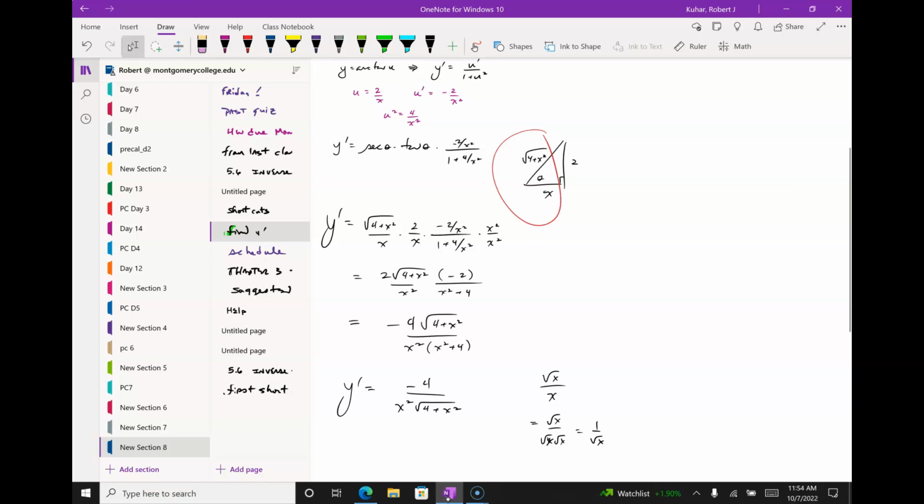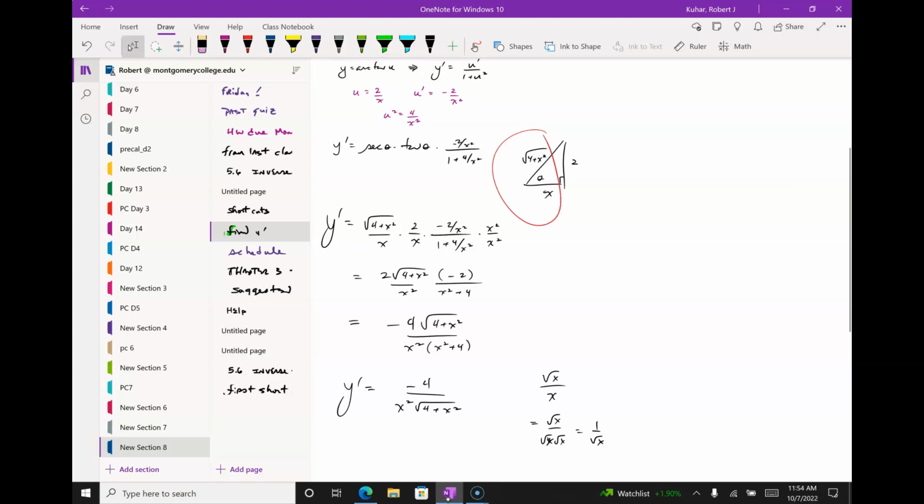So I got two very dependent things on each other that you probably haven't even started on yet. You got to get into your chain rule homework, you got to get into the implicit. You have those due on Monday. Got to get into these inverse trig problems.